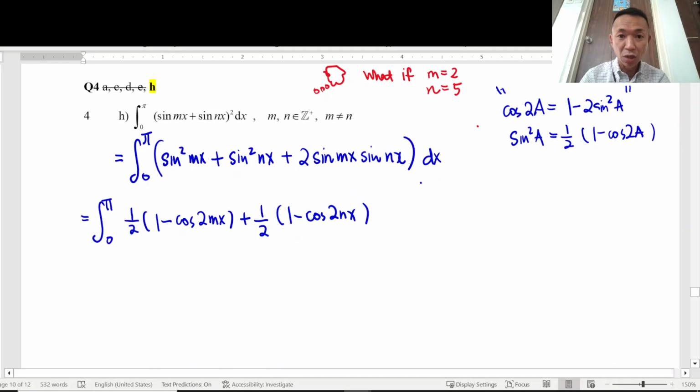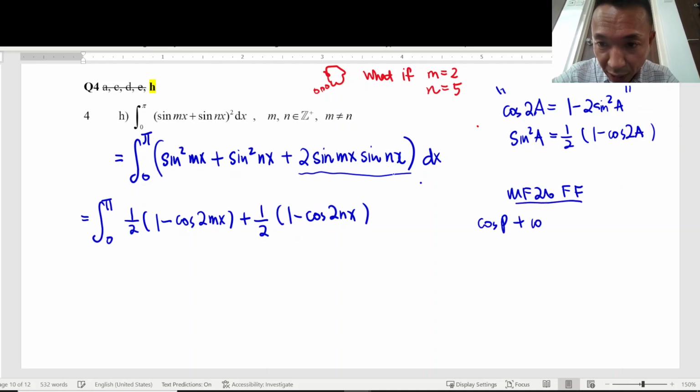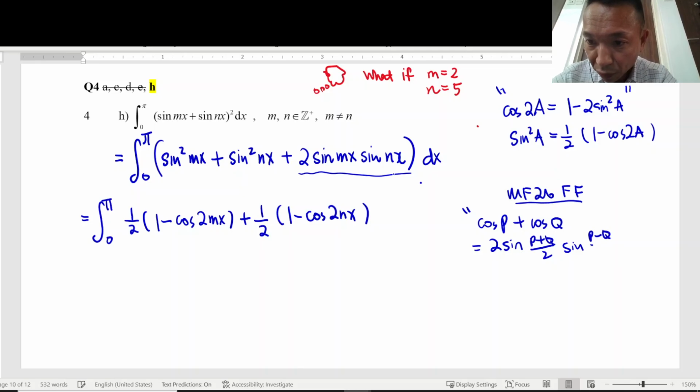This is a product. You have to recall factor formula. A particular line in your factor formula says this. Cosine p plus cosine q, correct, equals to 2 sine p plus q over 2 sine p minus q over 2.